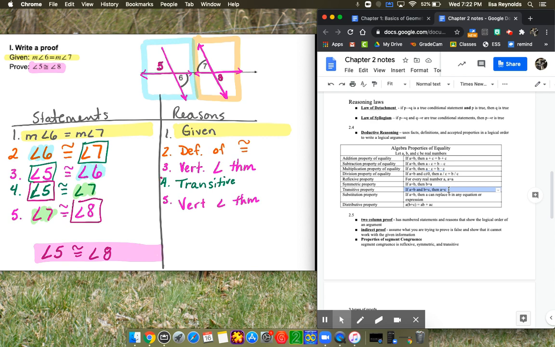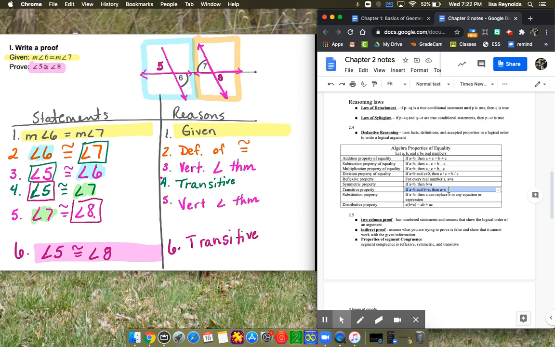So there's that transitive property again, and that actually will lead me to what I'm trying to prove. So my angle 5 from line 4, my angle 8 from line 5, and since they were both congruent to angle 7, they're congruent to each other because of the transitive property.